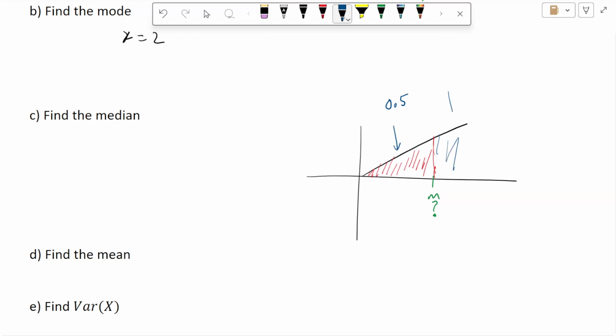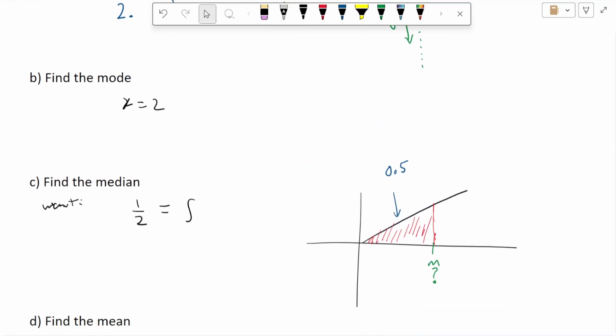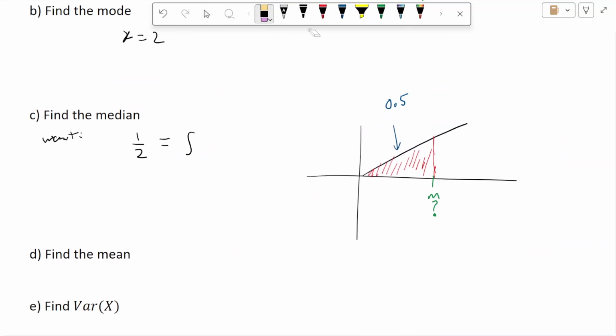Now, fun fact, the area over here would be 0.5 as well. But the important thing is the median catches half in the first half. So what we want is that a half should equal the integral from the starting point, in our case 0, all the way up to the median of our function. And that's how we find the median.